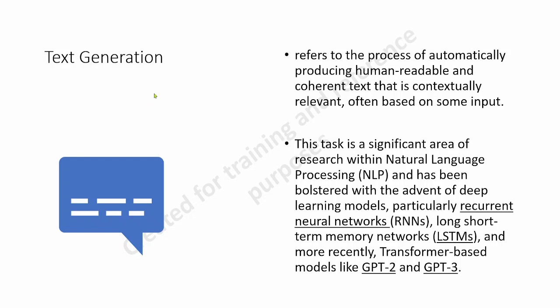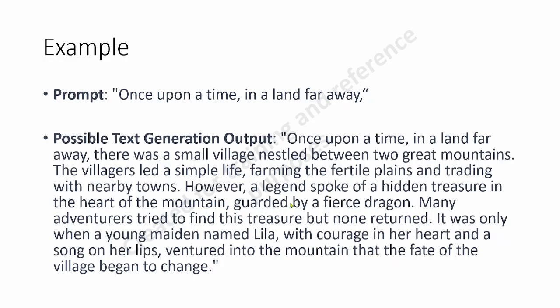Text generation is another popular application. Again, this is a very modern application based on very sophisticated sequence-based models like RNN, LSTM, GPTs, BERT, and transformers. Let's take an example.